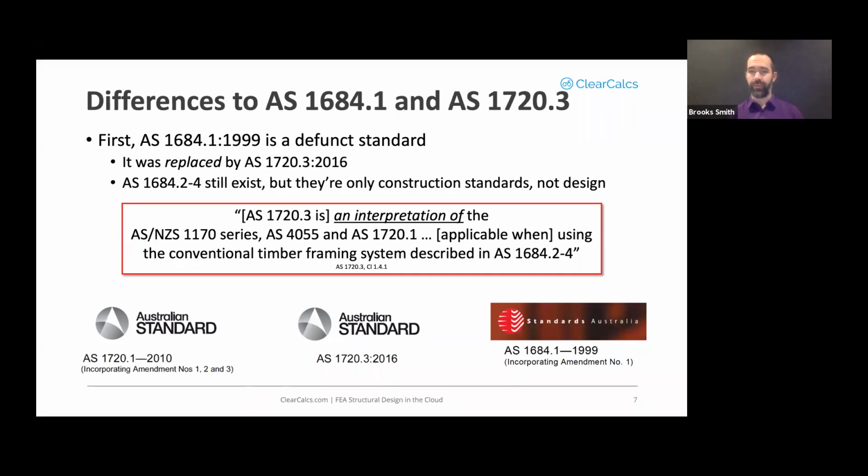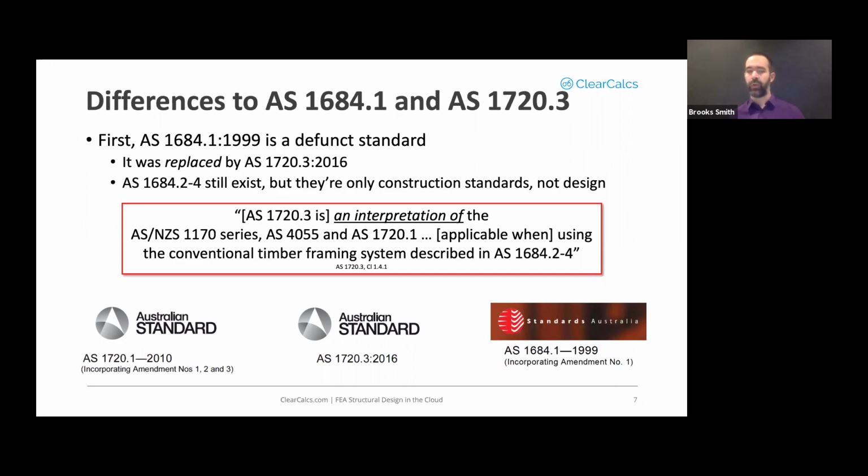So as to the difference, the key quote is at the beginning of AS1720.3 here. And it says that 1720.3 is an interpretation of the AS1170 series, AS4055, and AS1720.1. So it's an interpretation of the load standard, the residential wind standard, and the main timber standard.